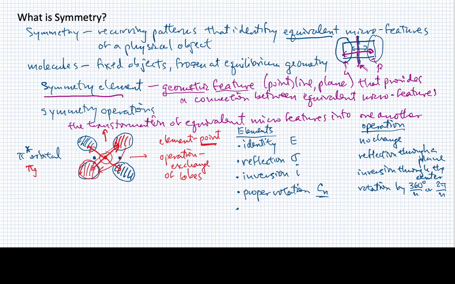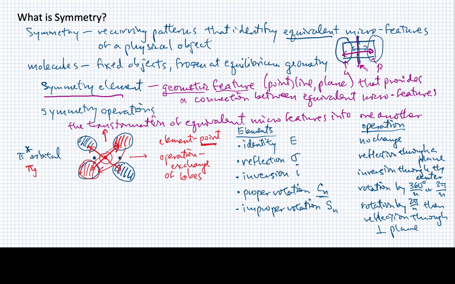Finally, we have something called an improper rotation, and that's given the symbol S with the subscript n, and that's basically a rotation like Cn, so rotation by 2 pi over n, then a reflection through a plane perpendicular to this axis. And we'll see what that looks like in another video.